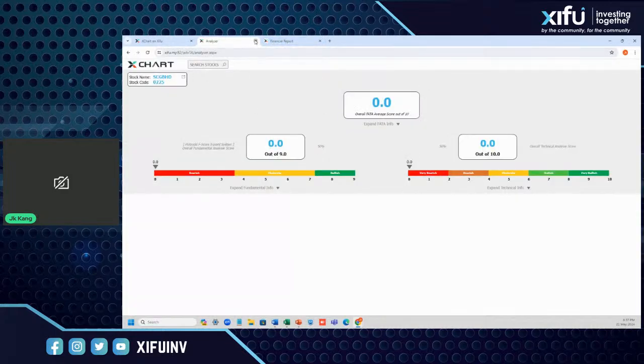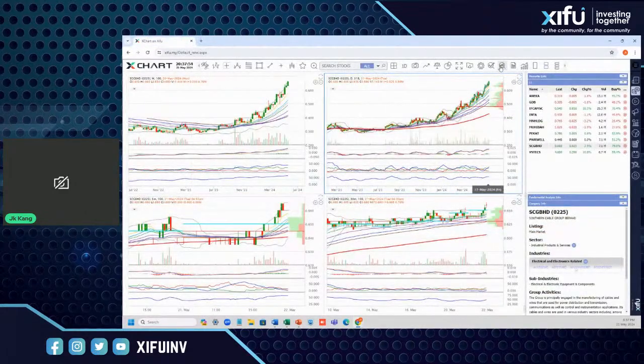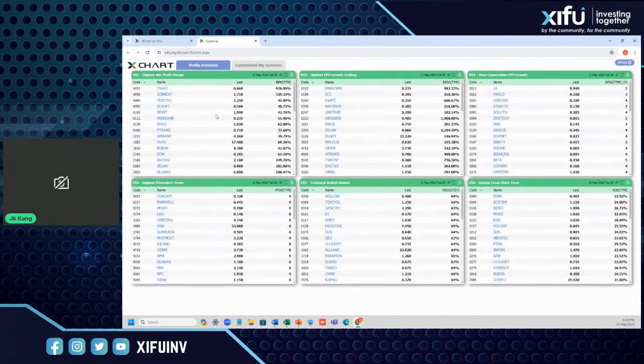Next, let me take a look on the screener. So there is the analyzer. This will be the screener. The screener part, as I said just now, this will be all the prefixed fundamental plus the technical you could set up. So we have the 6 defaults here: highest net profit, highest EPS, trading growth, or even golden cross short term.